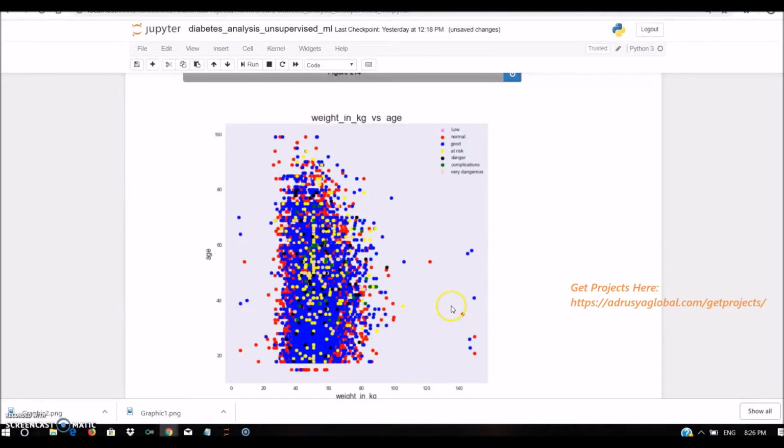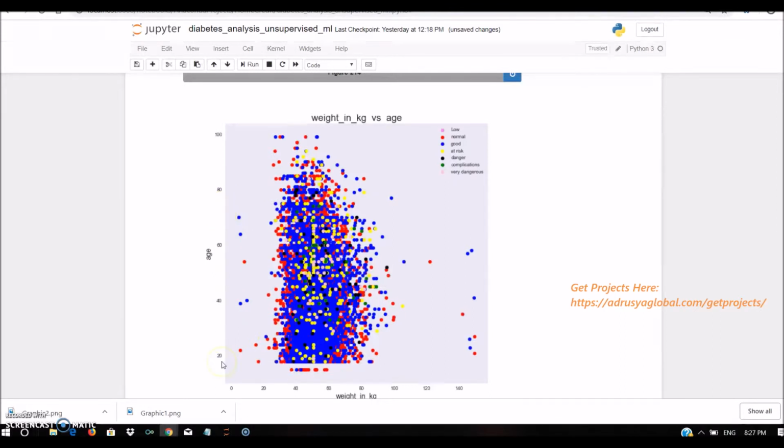We can also understand that the entire scatter falls with weight ranging between 40 and 80, and age did not matter much, because from almost 20 to 60 or 70 years, many of them were found to have diabetes.